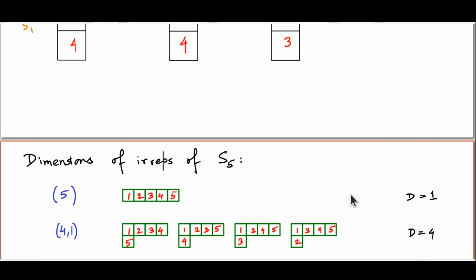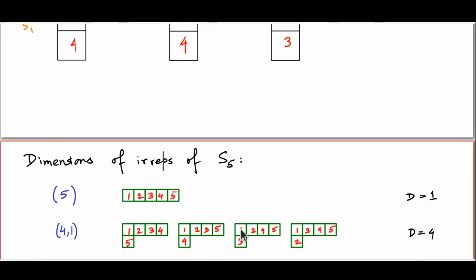But then, one possibility is you can fill up the first row with 1, 2, 3, 4 and put 5 in the single box in the second row. But you could also do something else. Another possibility could be, of course, put 1 in this corner. There's no choice there. Then keep on filling up the first row, 1, 2, 3, but then put 4 in the one box in the second row and fill up the final corner box here with 5.